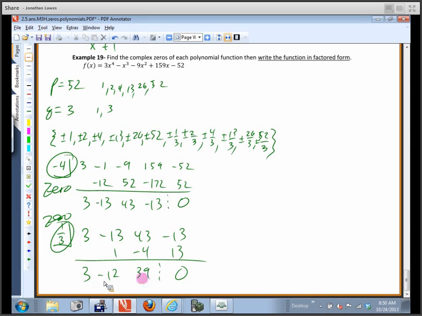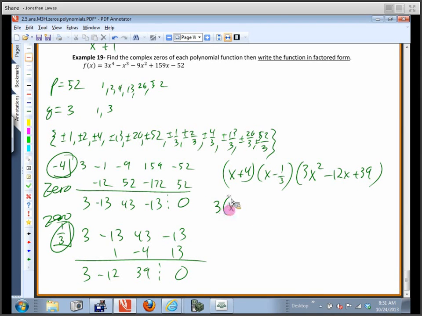Now take a good look at this. I've got x plus 4 as a factor from this one. I've got x minus 1/3 as a factor from this one. And then I've got 3x squared minus 12x plus 39. If I'm going to finish this off, what should I do first? Take out a 3.